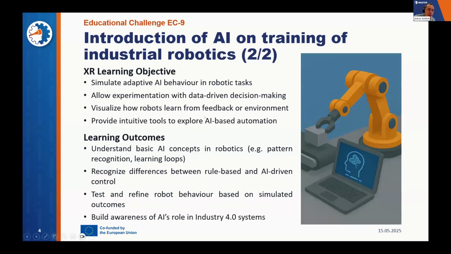So we expect here to have educational content with simulation of adaptive AI behavior in robotic tasks to allow the learners to experiment with data-driven decision-making, to visualize how robots learn from feedback or from the environment, to show how the learning process progresses.